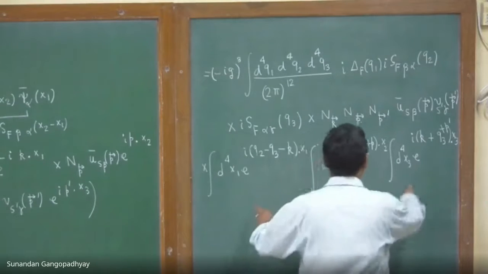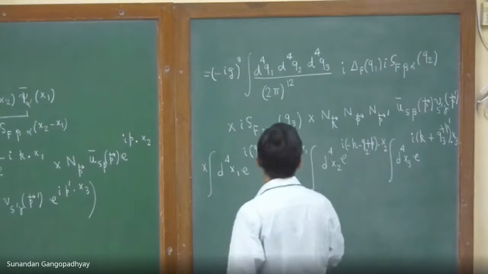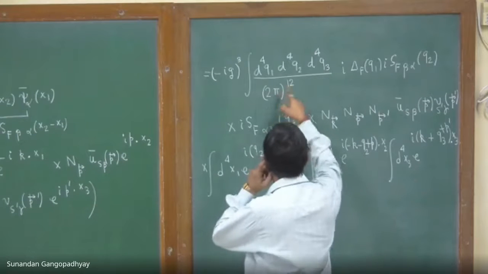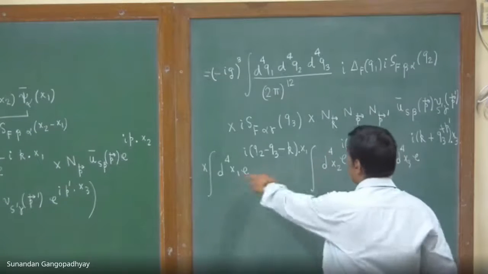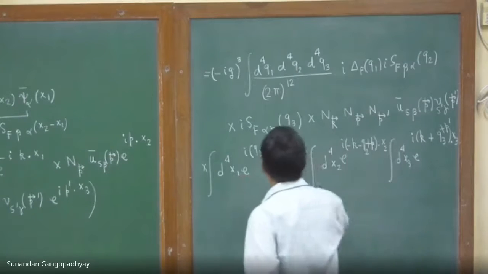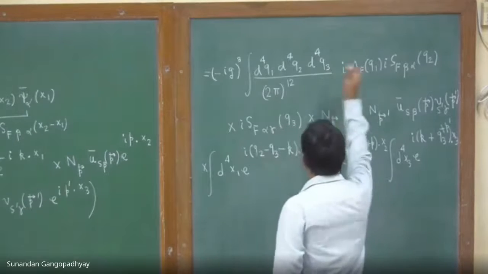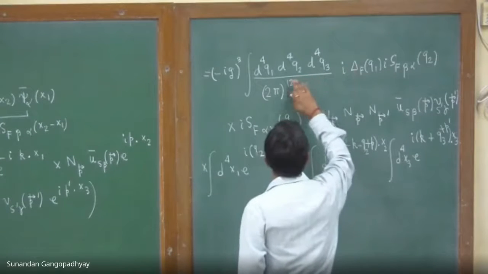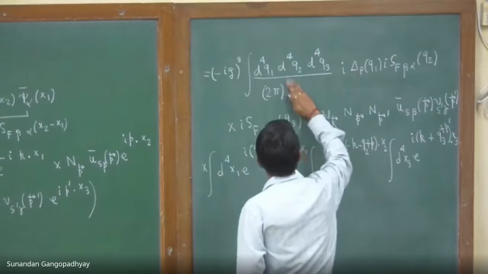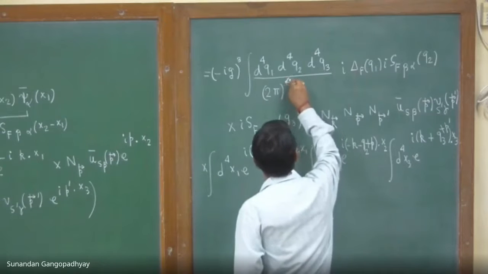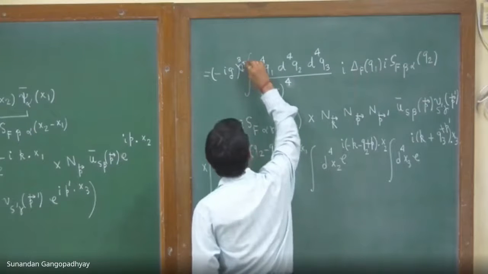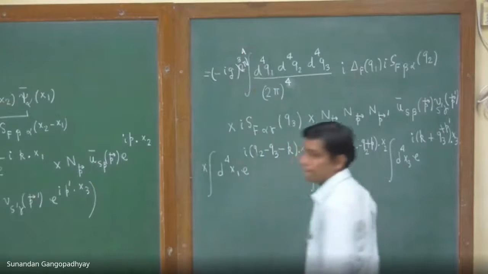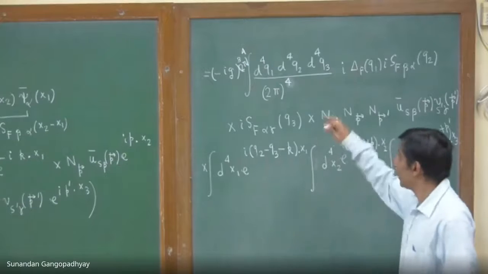So you can see that each of these integrals can be performed, and it will give you this factor of 2 pi whole 4 and Dirac delta functions. So you will have 3 2 pi whole 4. What we shall do is keep one here. We shall not cancel that.